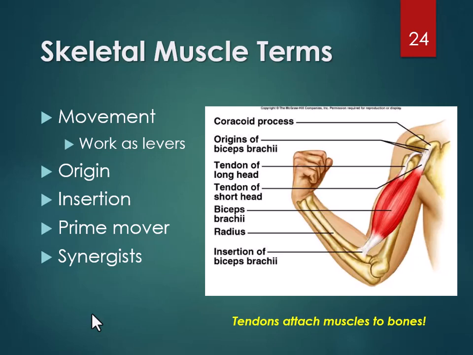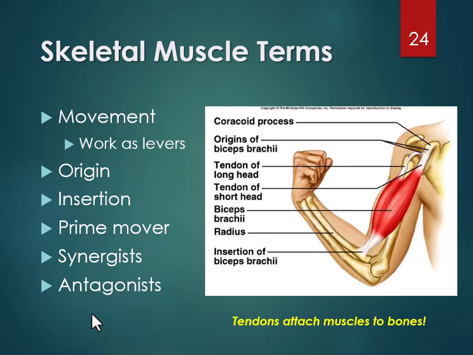The muscle that has to relax when the prime mover contracts is called the antagonistic muscle. In this case, the triceps muscle, the one on the back of your arm, has to relax when the biceps contracts. And then when the triceps contracts, that would be the prime mover for extension, then the biceps has to relax, and now the biceps muscle becomes the antagonistic muscle. So the antagonistic muscle is just the opposite one of the prime mover.